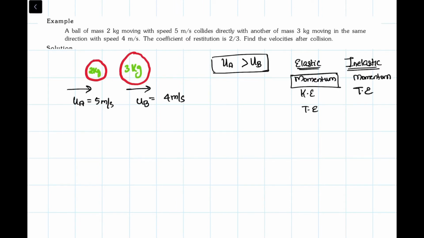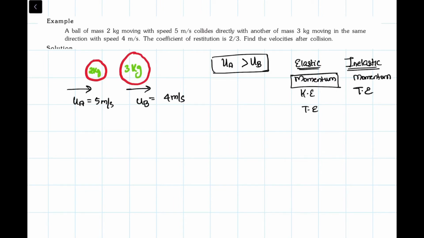So let's not consider it as a default elastic case. Let's take this case as either elastic or inelastic. Why? Because a coefficient of restitution term has been given. So what is the coefficient of restitution?